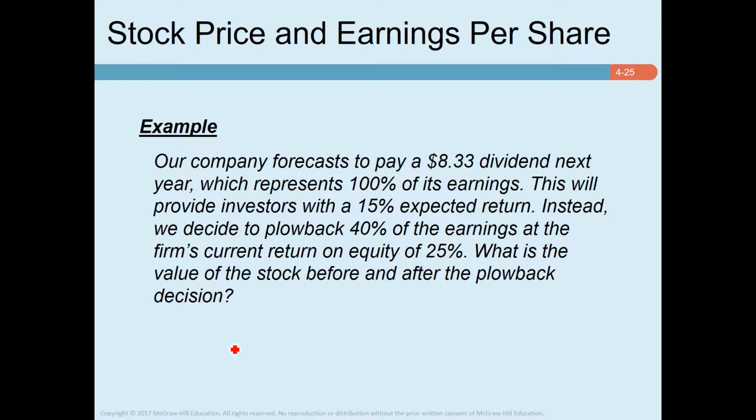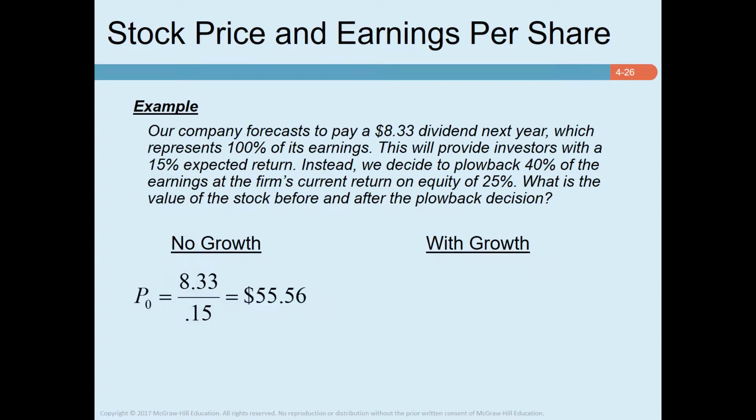What's the value of the stock before and after the plowback decision? First of all, $8.33 is the dividend next year, which is 100% of its earnings. To find the present value, we simply divide the dividend by the required rate of return. So the value of the stock is 55.56, where we are assuming no growth in dividend.